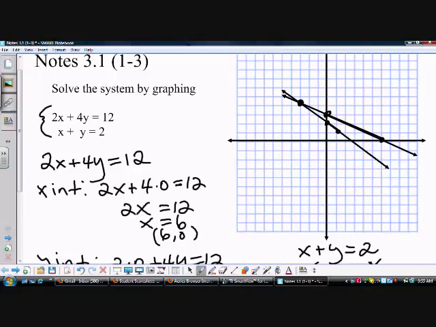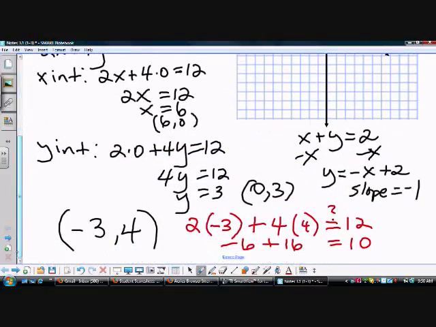So I wonder where this intersection is going to be. Maybe it is at negative 2, 4? 16, yeah. So it must have been at negative 2, 4. Let's try that.